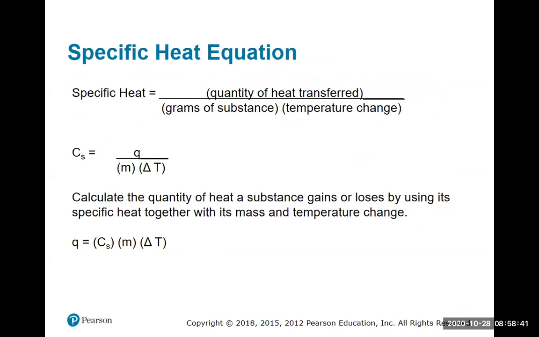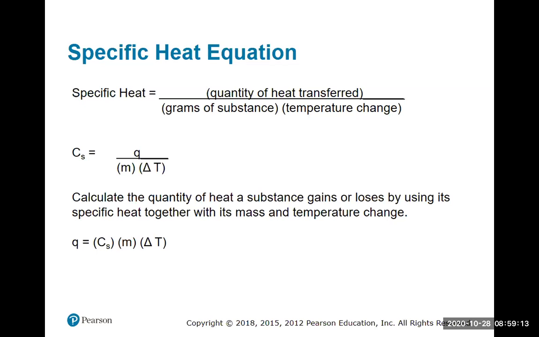And then once again, here's the specific heat equation. That's the quantity of heat, the Q value, over grams of substance times temperature change. So you have heat, usually in joules, mass in grams, and delta T. Once again, since it's a delta T, it doesn't matter if it's in K or in degrees C, because it's a difference.